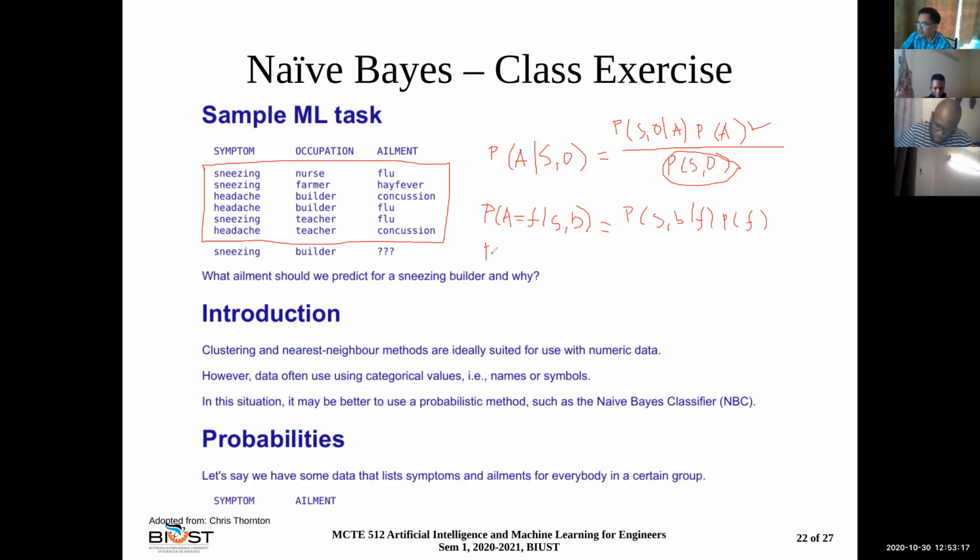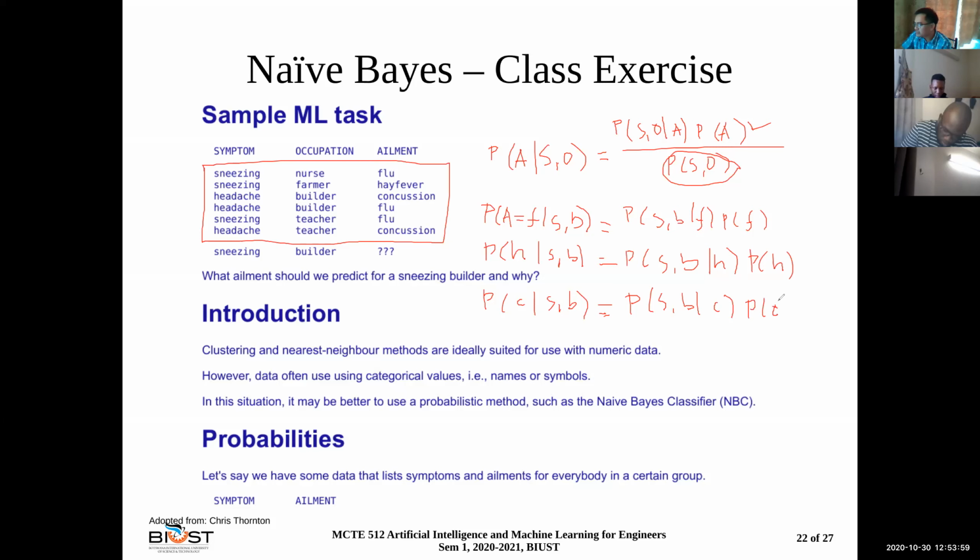The other one is the probability of hay fever given sneezing and builder, which equals the probability of sneezing and builder given hay fever, and the probability of hay fever. Then the third is the probability of concussion given sneezing and builder, which equals the probability of sneezing and builder given concussion, and the probability of concussion.